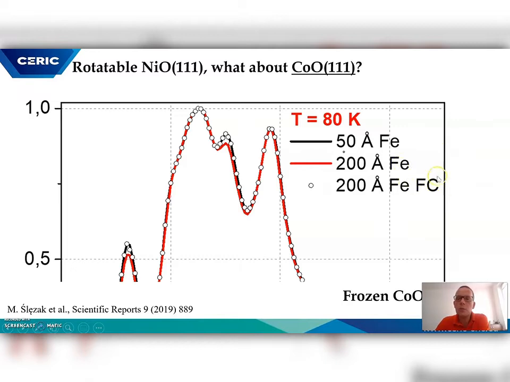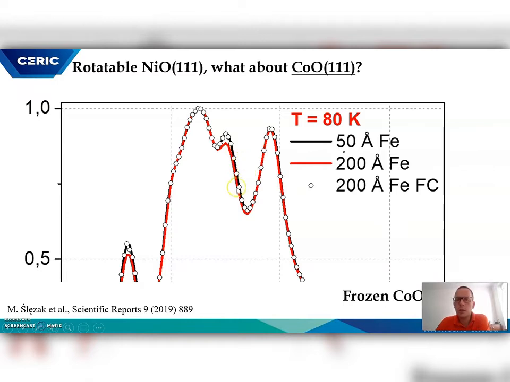Interestingly, when we apply a field cooling procedure, so we cool down the system in an external magnetic field, forcing the magnetization of the 200 angstroms thick iron area to be aligned with its hard axis, then when we are at low temperature, you see the spectra measured on both sample areas are perfectly the same again.